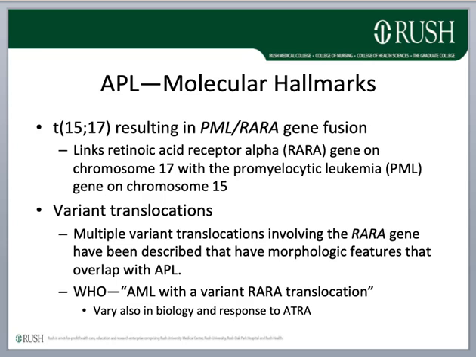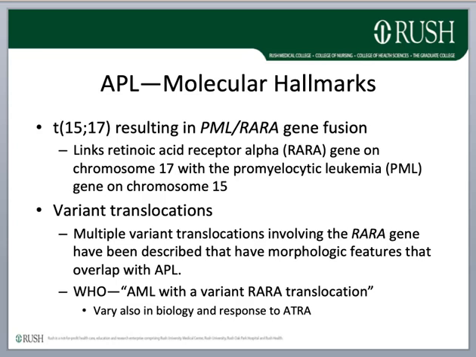Alas, if it were so straightforward, but there are multiple variant translocations that involve the RARA gene on chromosome 17 that have been described that share the morphologic features of APL, but these cases have been reclassified in the current WHO system as AML with a variant RARA translocation because there is some variation in the biology of these APL variants, as well as differences in their response to retinoic acid.